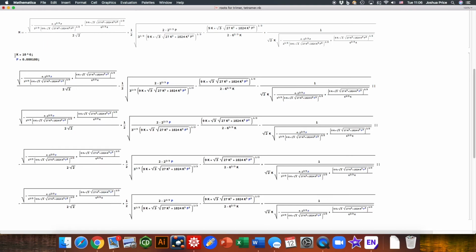But now that I've put in some test values for k and p, I'm going to evaluate each of these roots to see whether they are real positive numbers.